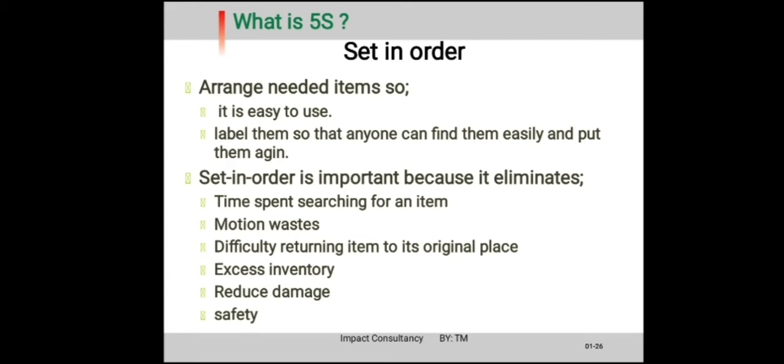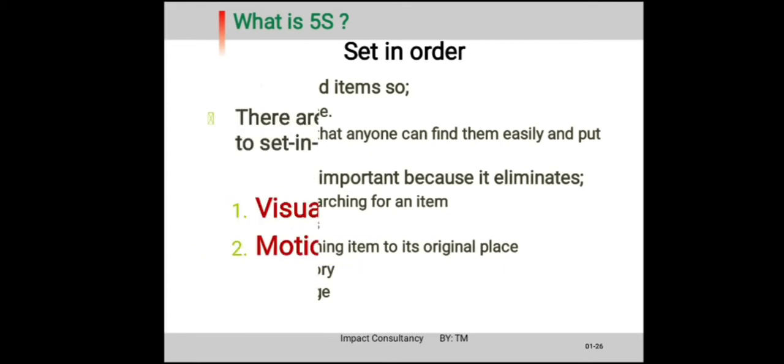Setting order is important because it eliminates time spent searching for an item. It eliminates motion waste, difficulty returning items to their original place, and excessive inventory, reduces damage, and safety will be maintained.